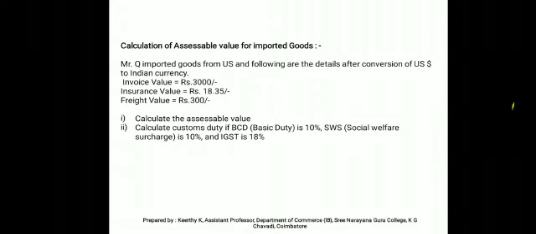The basic customs duty is 10%, social welfare surcharge is 10% and integrated goods and service tax, that is IGST, is 18%. At first you must know what is assessable value.